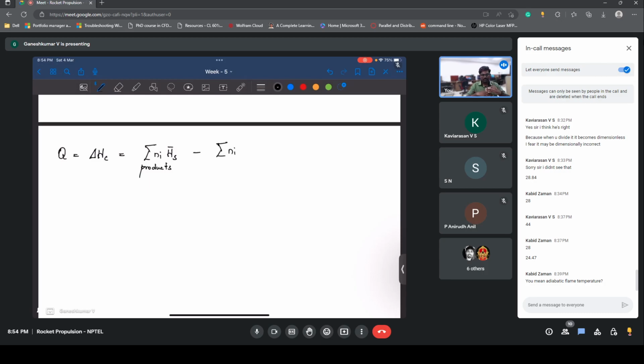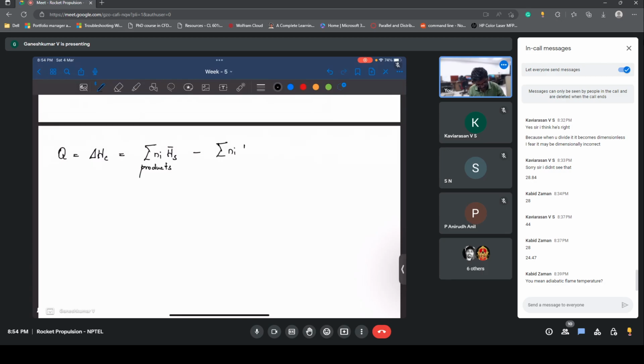That is the reason we move the datum to 298 Kelvin. So in order to take hydrogen and oxygen, which are at very low temperature, to 298 Kelvin, we had to give some heat. That heat we need to give, and upon conversion we removed some heat. That heat should be subtracted from this heat, and it will give you the adiabatic flame temperature.